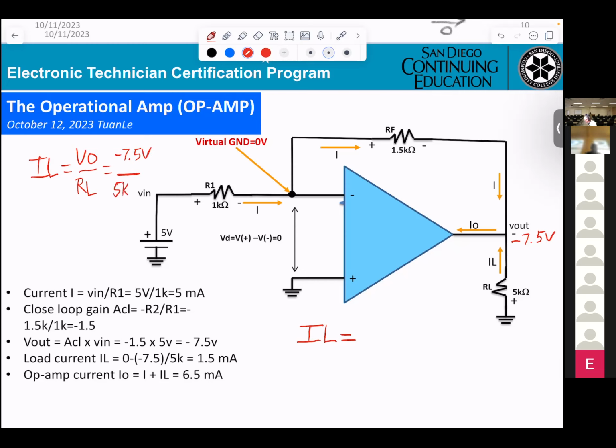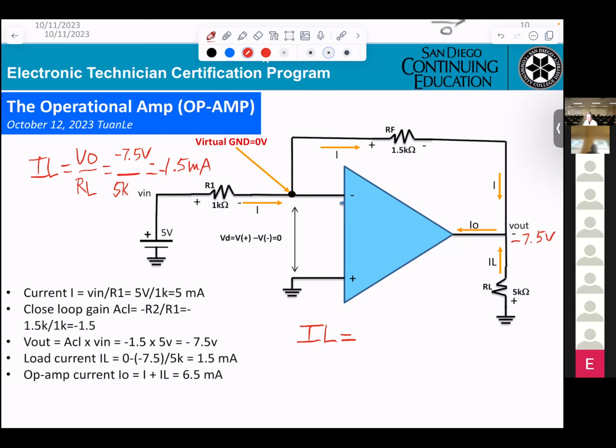Then you get minus 1.5 milliamp. You see that? Okay, now you understand that the current cannot be negative. It has to be positive.